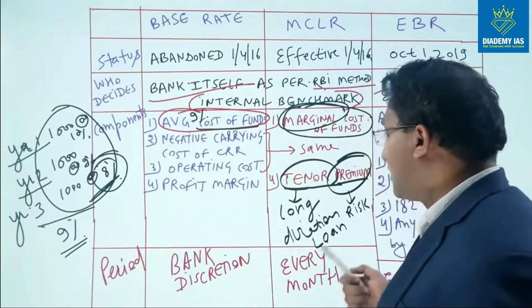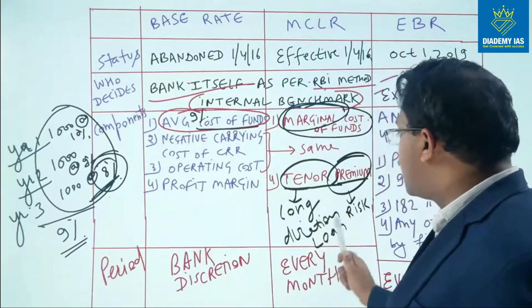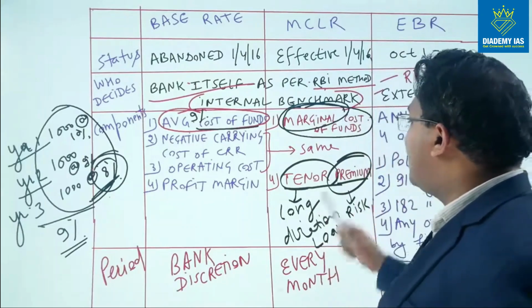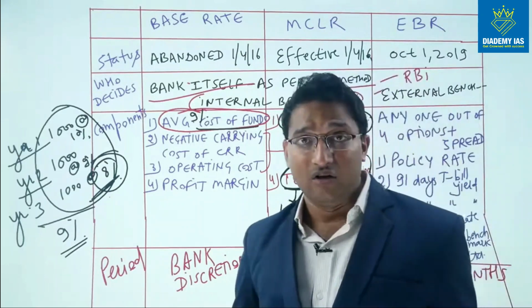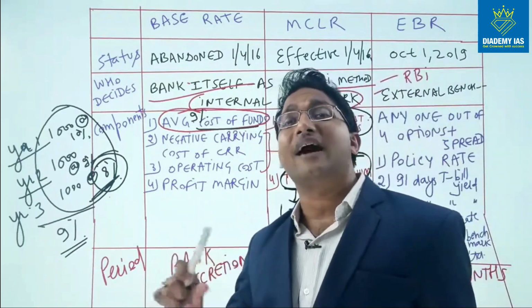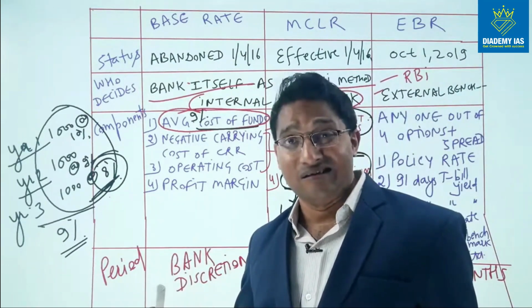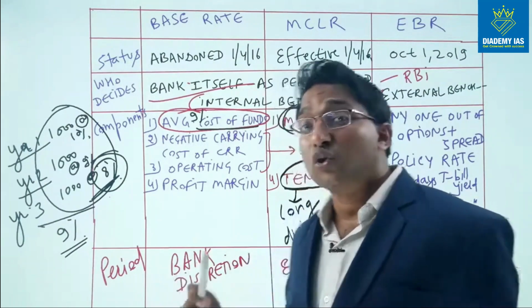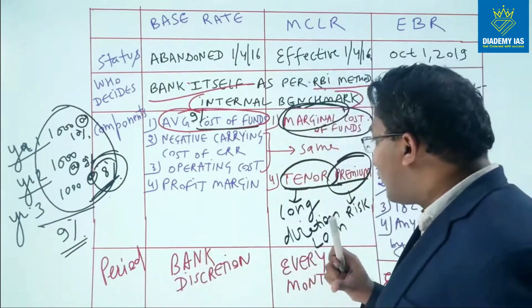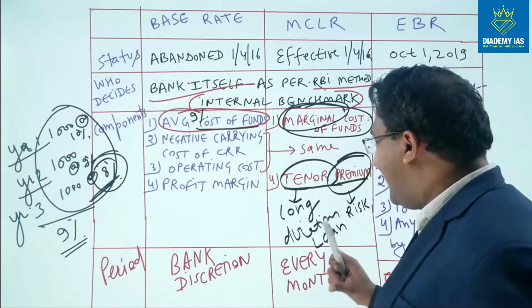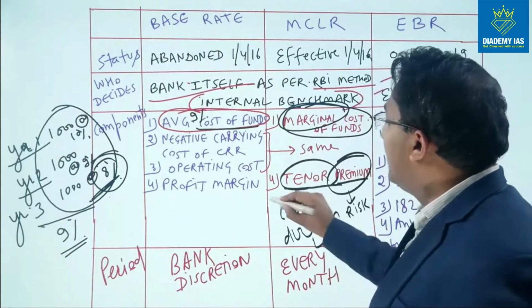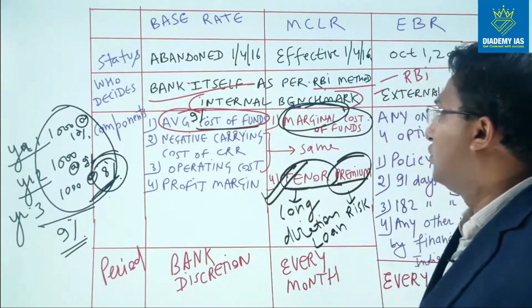So there is more risk. So for the long duration loans, this tenor premium is added in the lending rate. So the long duration loans have a high rate of interest because they have high risk. To increase the lending rate, this tenor premium is added in case of long term duration loans.